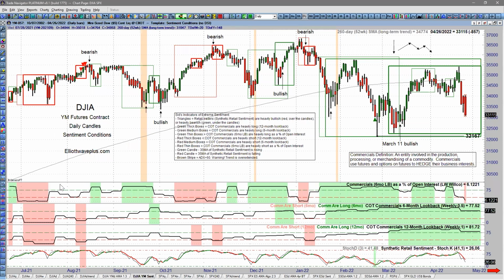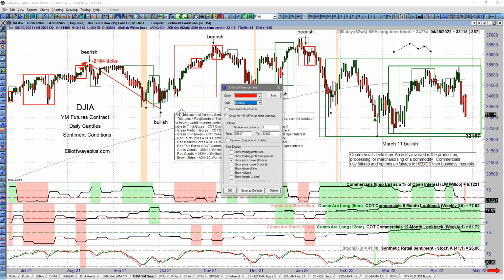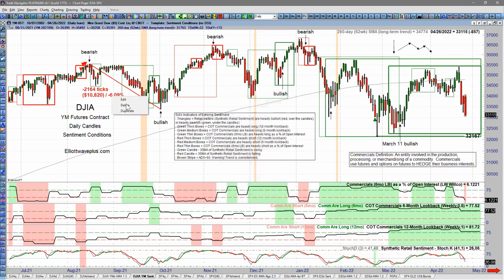And matter of fact, even though price moved up a little bit more, they continued to be bearish on the 6-month and the 12-month look back. And that's when we got one of the larger pullbacks we've seen lately. And that was back in August and September of 2021. The percentage pullback at that time was about 6%.